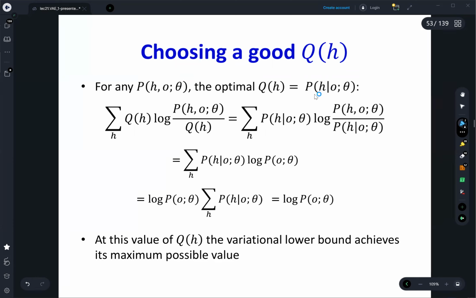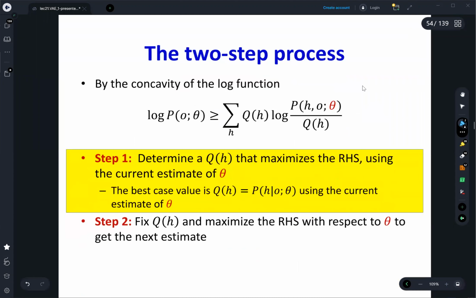So if Q of H is exactly equal to P of H given O, then your lower bound becomes the function itself, right? But more generally, computing this is not going to be easy, and so you're going to use approximations.